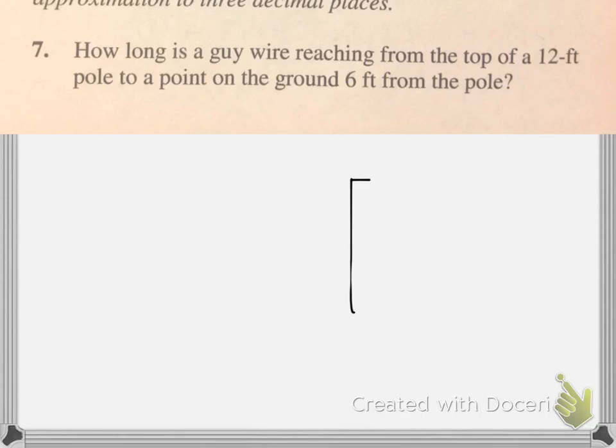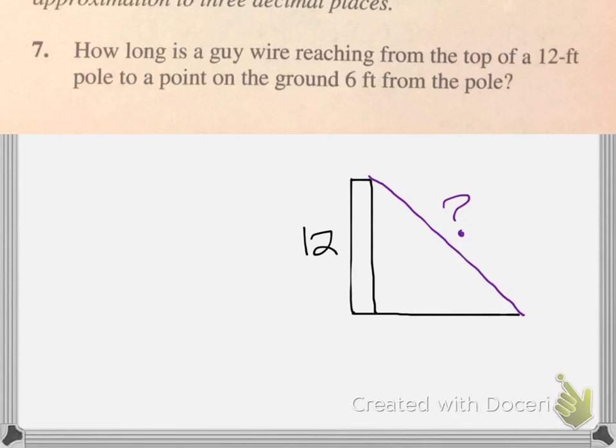So I have a pole, I have the ground, and I know that there is a wire from the top of the pole to the ground, and they want to know the length of that wire. I know that my pole is 12 feet, and I know that the wire is attaching to the ground 6 feet from the pole.